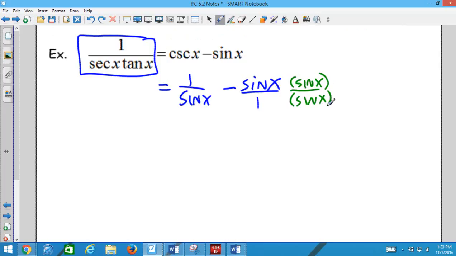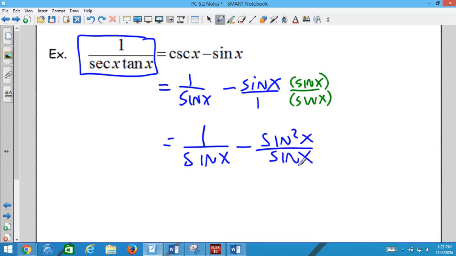We're multiplying by a value of 1. And then once I have common denominators, I'll go ahead and subtract my numerators over the common denominator.